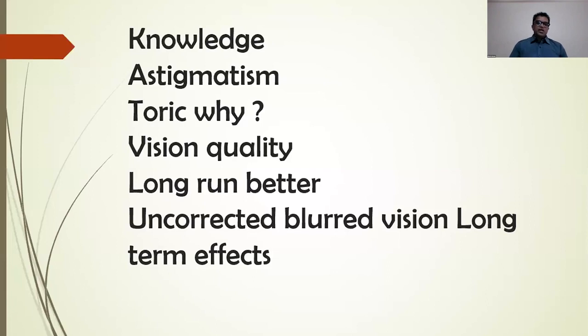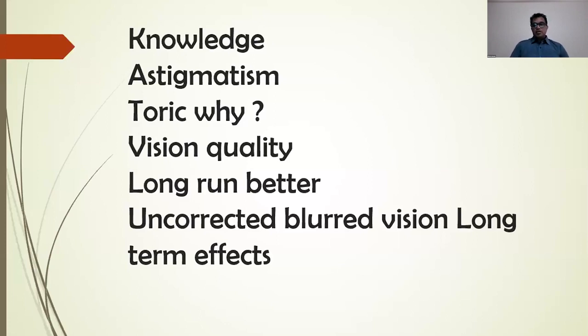Sometimes in our clinic we draw a simple diagram of a round sphere, and a diagram of a rugby ball or an egg to show how it is different from a sphere, and that is why that unevenness is to be rectified with a toric lens, which is designed in such a way that the unevenness is calculated. So you should be able to convince the patient why vision quality is better in a toric lens compared to a spherical lens.